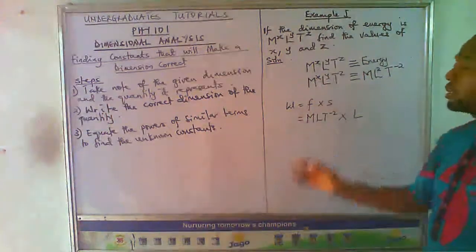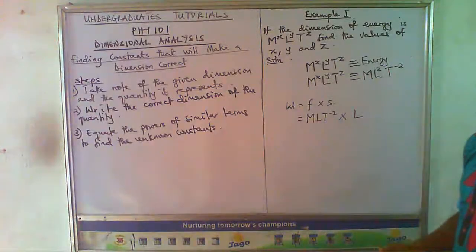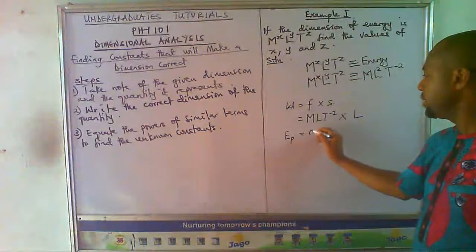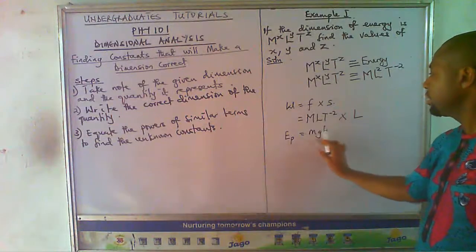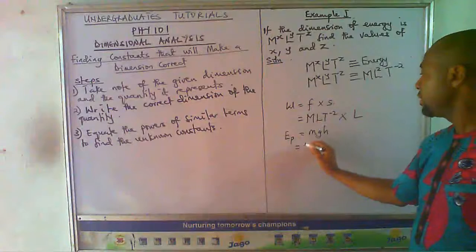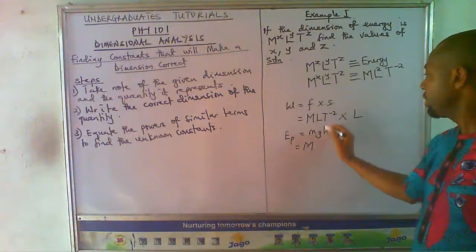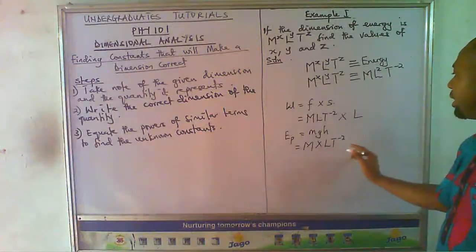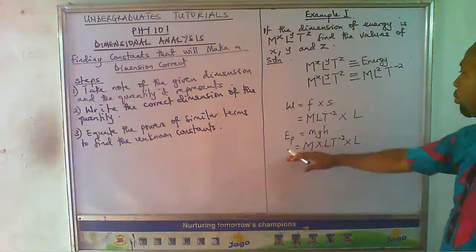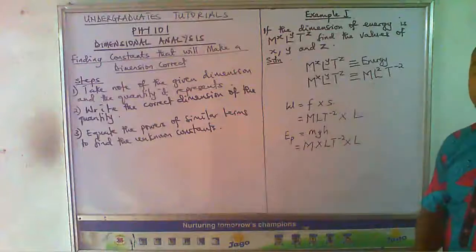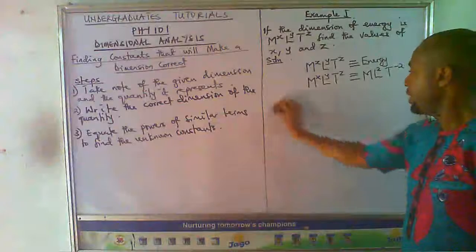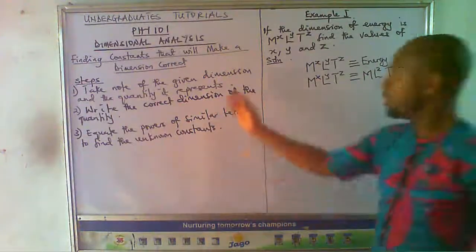So work done and energy are the same. Even if you use potential energy, which is mass times acceleration times height, you still say mass, acceleration is L per time squared, then height is still length. So when you multiply this, you arrive at this. That's how we obtain the dimension of energy. So we have done the first two steps.